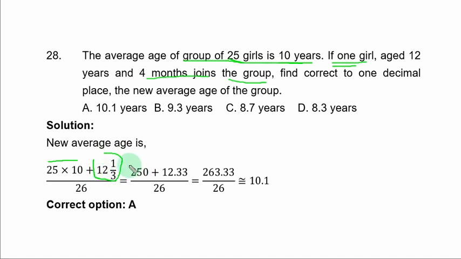So you have 250 plus 12.33, divided by 26. If you add and divide by 26, you have 10.1 to 1 decimal place as the new average age of the group. A is the correct option.